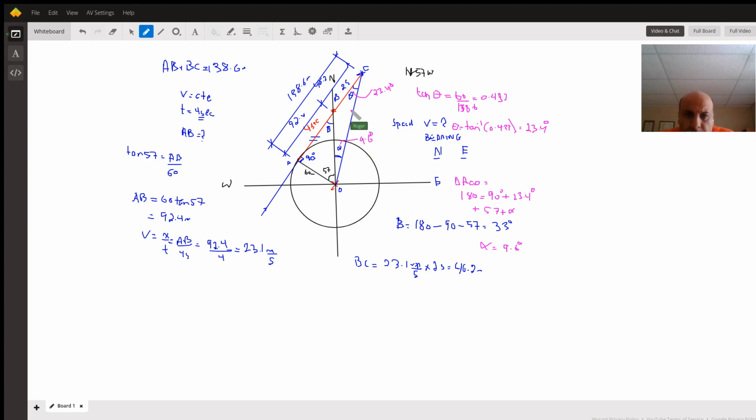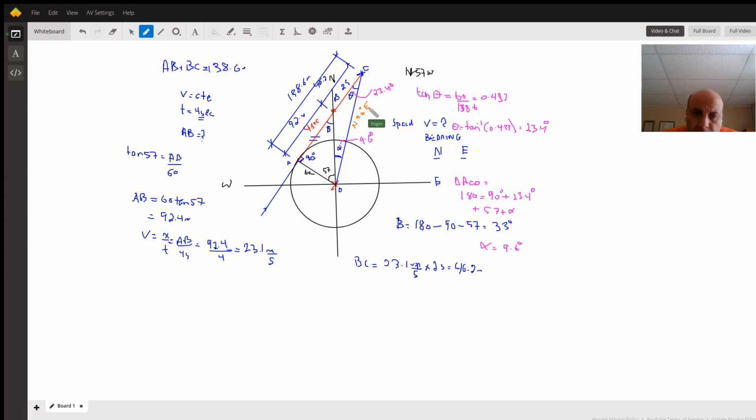Guess what? We just determined the bearing of this angle here, right? So the bearing that's required in your book, let me write it down in a different color. The bearing here is north 9.6 degree east.